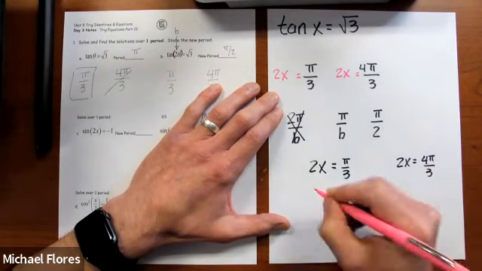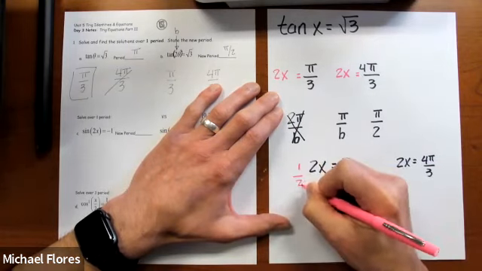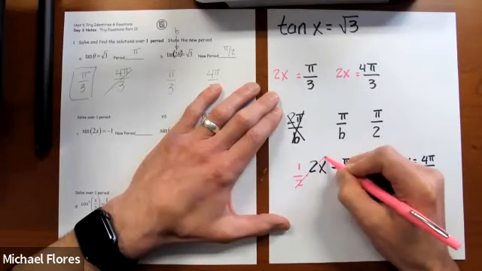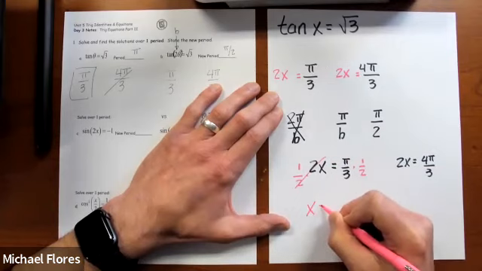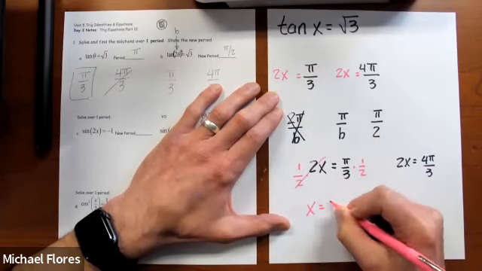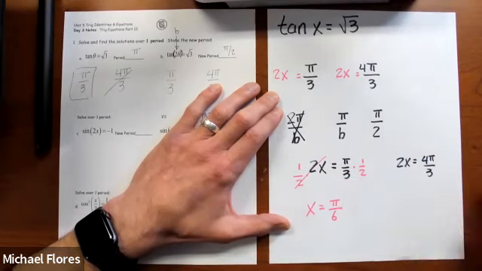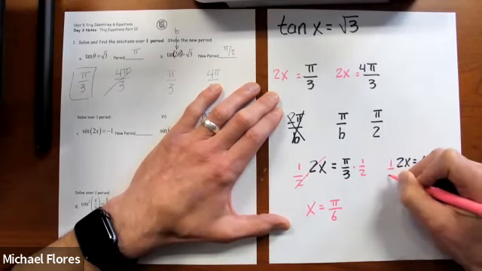Now, in order to solve for x, I'm going to multiply both sides by the reciprocal, leaving us with x equals pi times 1 over 3 times 2. Now let's do the same thing over here, multiply by the reciprocal.